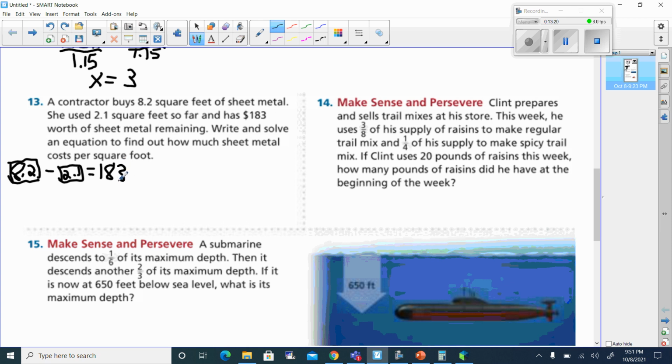So let's go ahead and put that in there. We've got 8.2, then, and let's see, cost per unit foot. So we're talking about cost, right? We'll put a C here for cost. Minus, we've got 2.1.